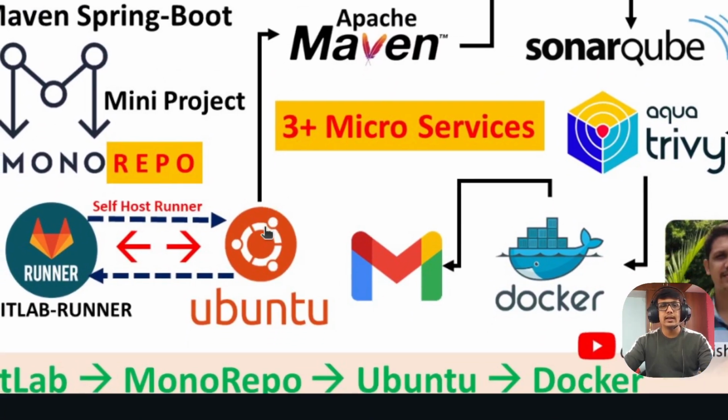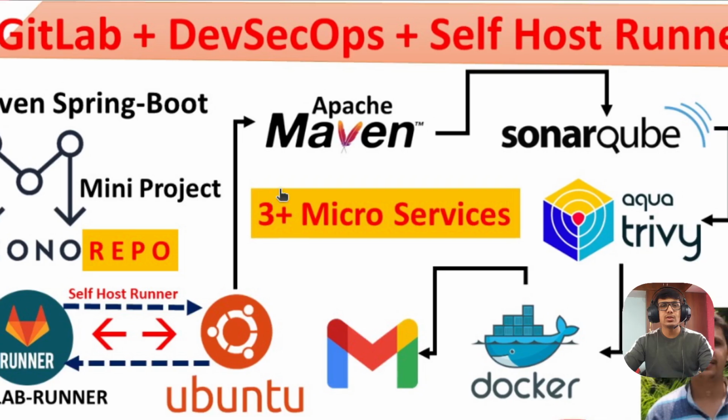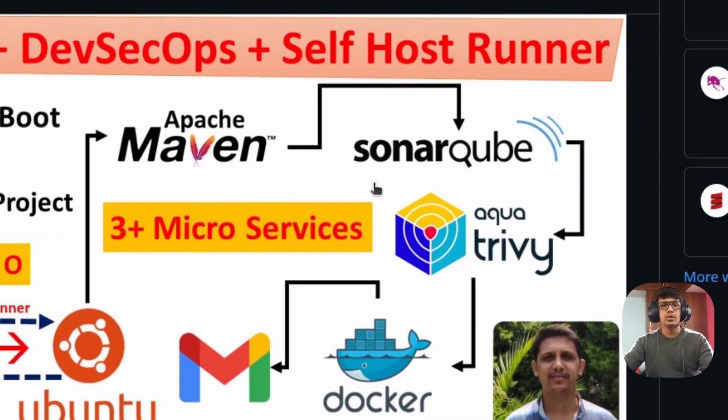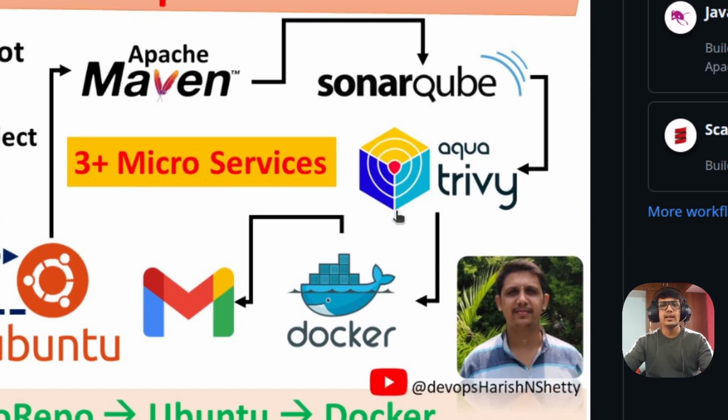On the Ubuntu machine we install Maven, and for SonarQube we use the Docker image for analyzing code smells and bugs, and we scan the file system using Trivy, which we installed on the Ubuntu machine.